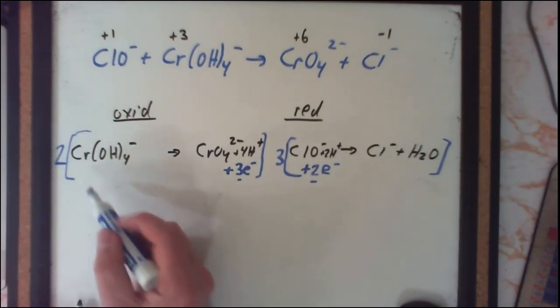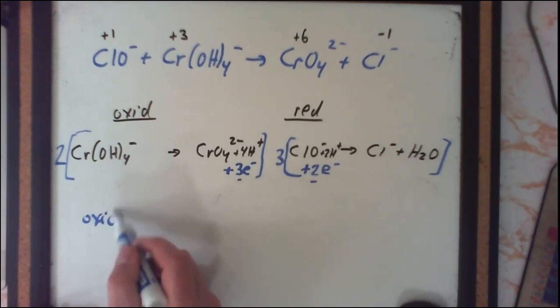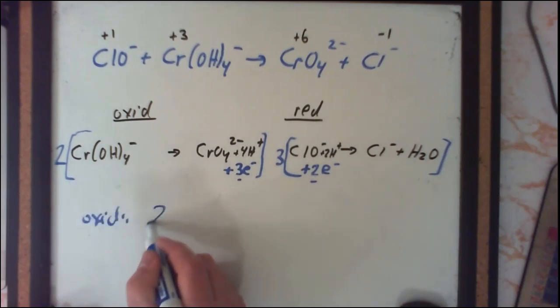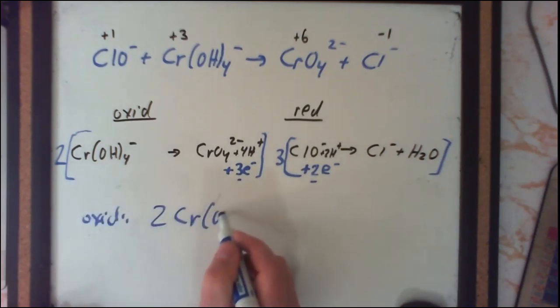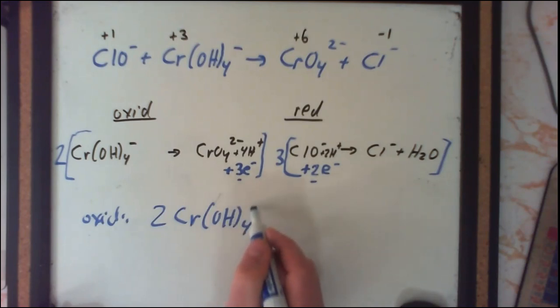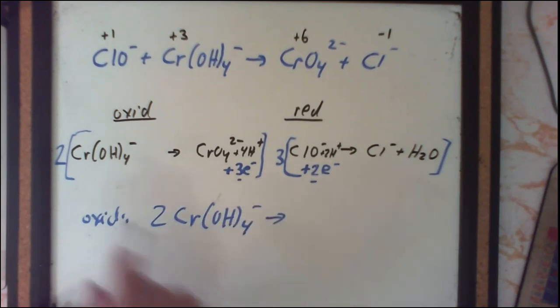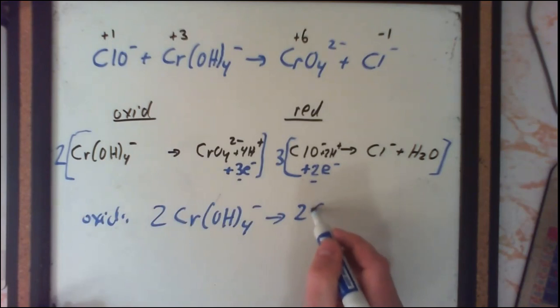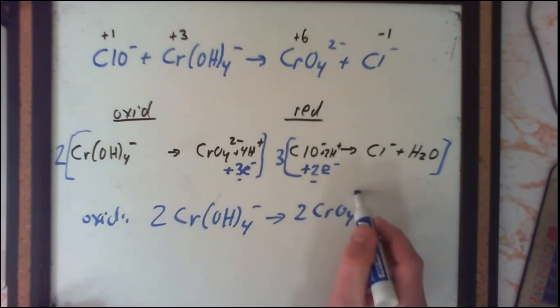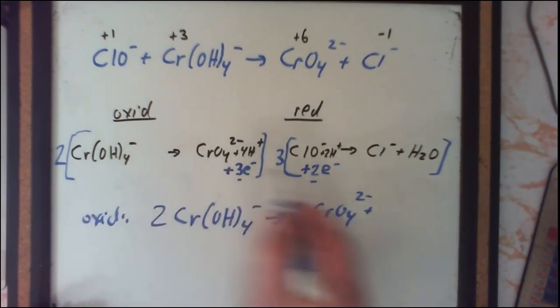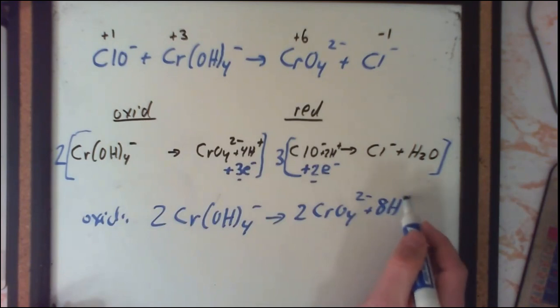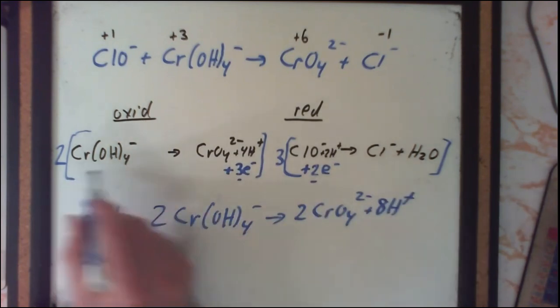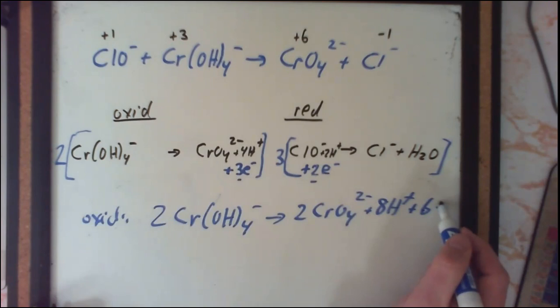So when I do that, my oxidation half reaction becomes 2 chromium hydroxide complex produces 2 CrO4 chromate plus 8 hydrogen ions plus 6 electrons.